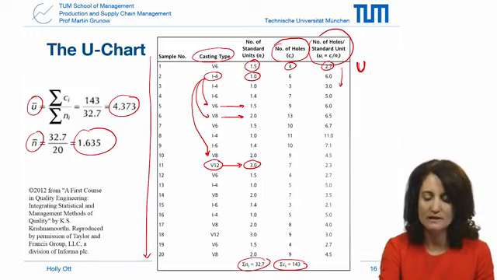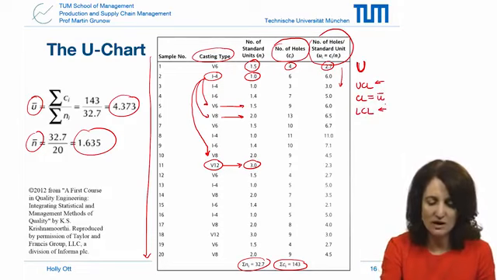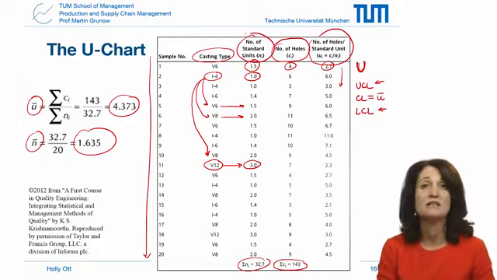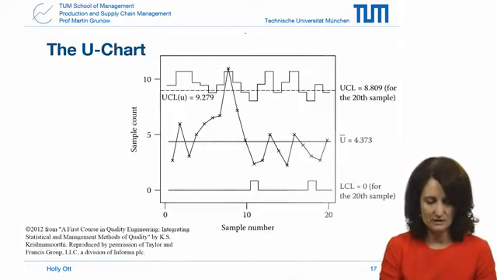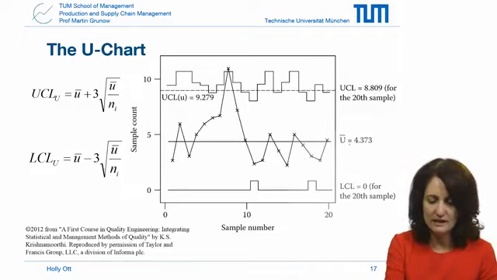Now, as we said before, we're going to be plotting our statistic U. We're going to be plotting this with upper control limits, center line, and lower control limits, where the center line is going to be equal to our U bar, and these limits are going to vary depending on the number of standard units in each sample. And this looks like this. So what we see here is the center line equal to 4.373.